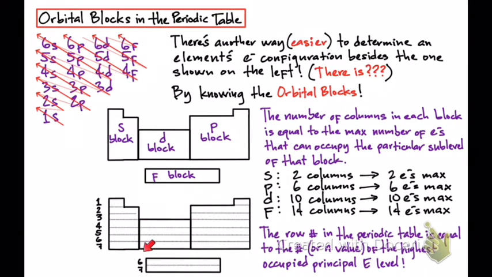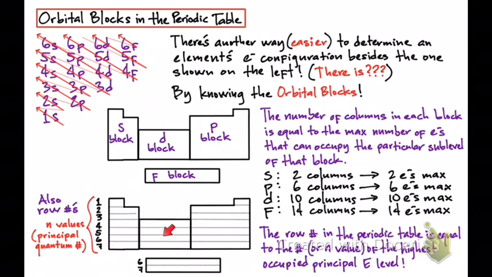These row numbers, or n values, are basically the principal energy level. Let's look at this blank periodic table again. We have the s block, the d block, the p block, and the f block.